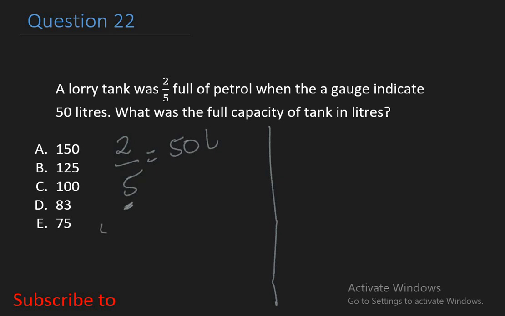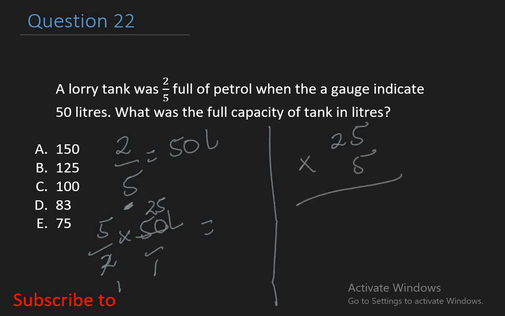If you flip, it will give you 5/2 times 50 liters over 1. 2 into 50 is 25. So my answer will be 25 times 5, which is 125 liters. That will be your answer, which is B.